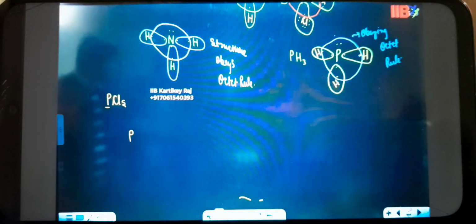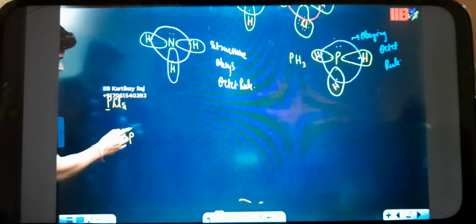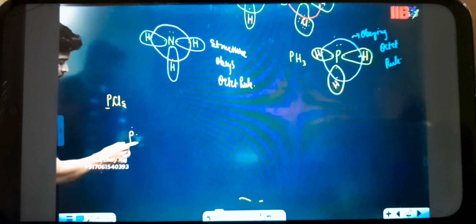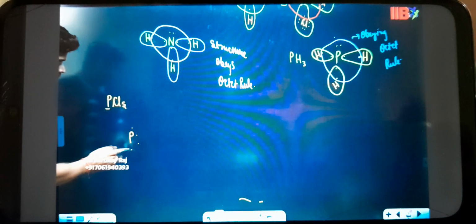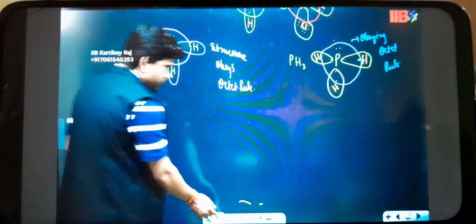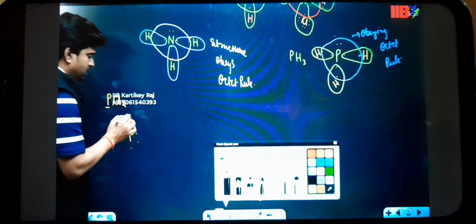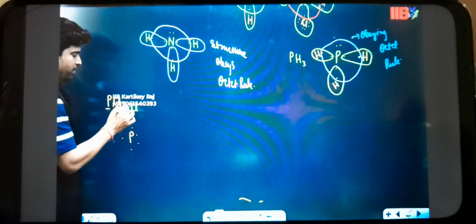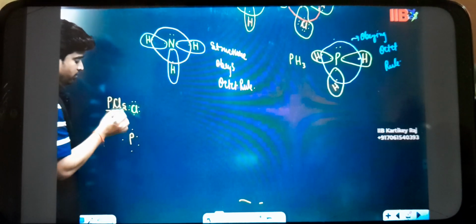You take phosphorus as central atom having the 5 valence electrons. And guys, you find 5 chlorine having the 7 valence electrons each.